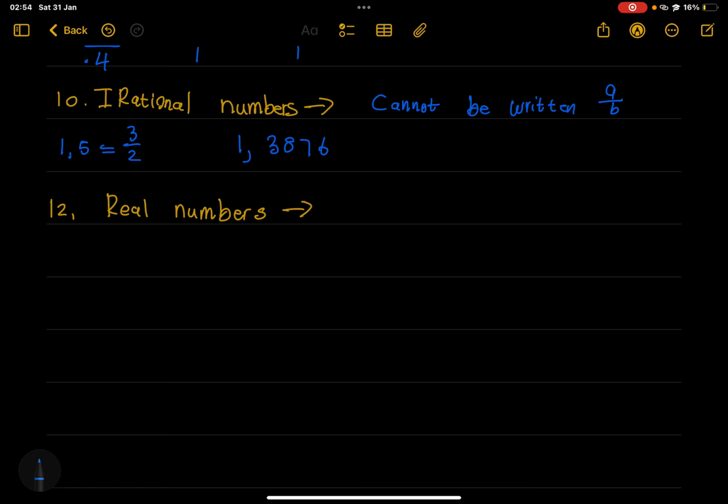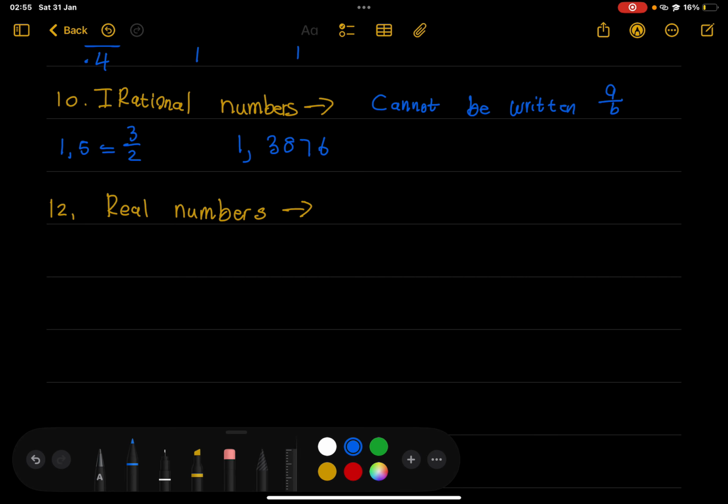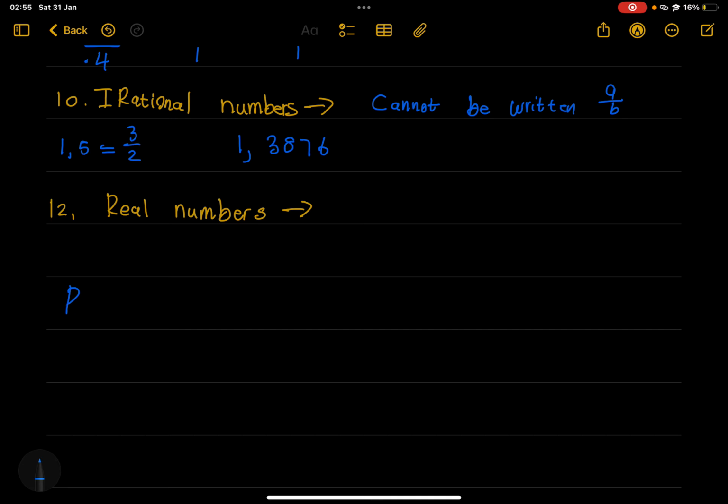Understand? So let's talk about real numbers. A real number is any number that you can define. Understand? A real number is any number. For example, that number can be negative square root of 2, can be a 0, can be a 1.1, which is a rational number, can be an integer.